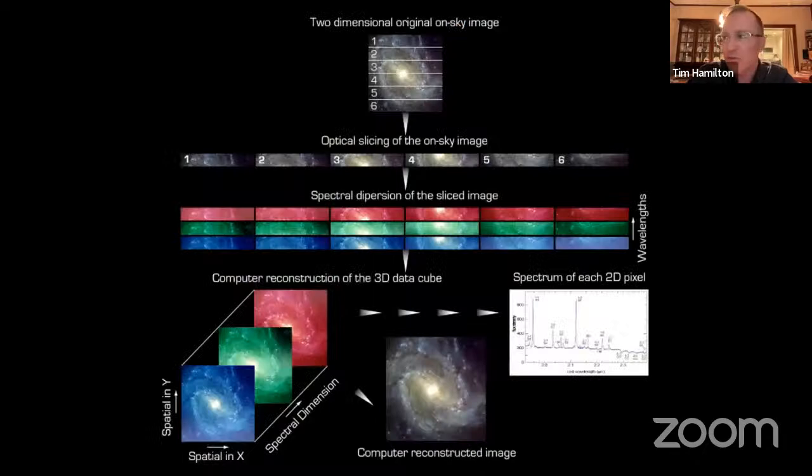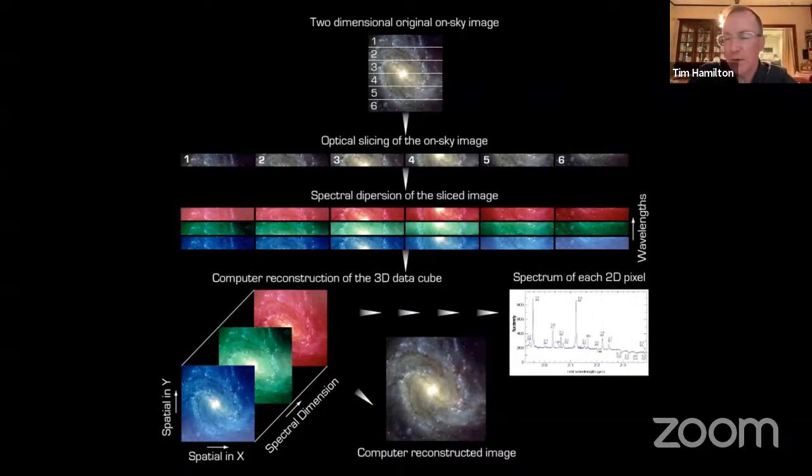So how the image slicing is done is, let's see, going back there. I don't think my cursor shows up here, but anyway, at the top of the image, if we have an image of a galaxy, let's say that we have 6 slices on the mirror, then each one of those 6 slices of the image is dispersed perpendicular to the image direction.